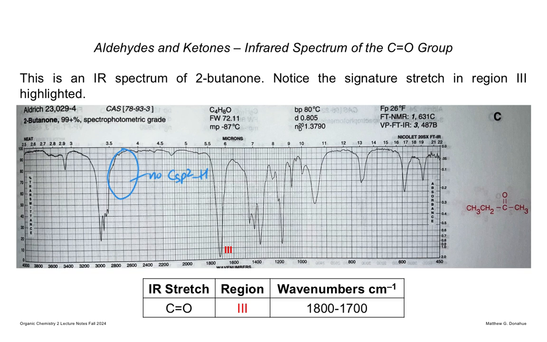Region 3, the carbonyl, that's your normal region. If we draw this down, there's 1700 at the line. It's above 1700, so it's not an amide.